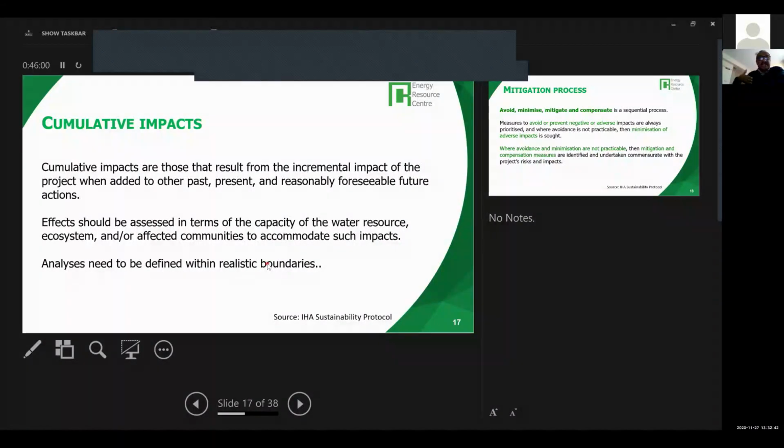Okay, so it can create problems when you have multiple impacts on top of each other. So the effects should be assessed in terms of the capacity of the water resources, ecosystem, and or affected communities to accommodate such impacts. And then you have to do the analysis within realistic boundaries.